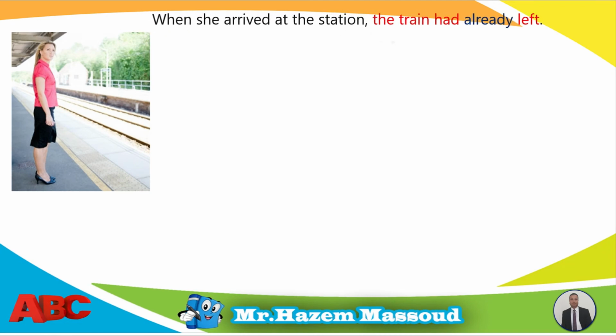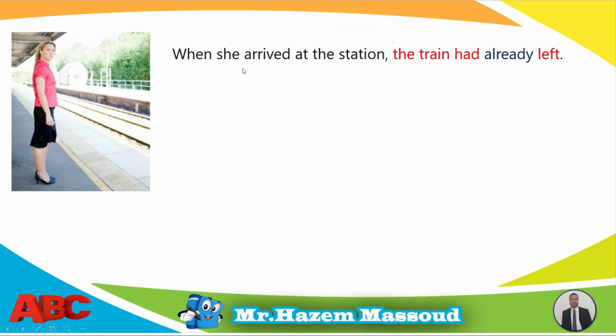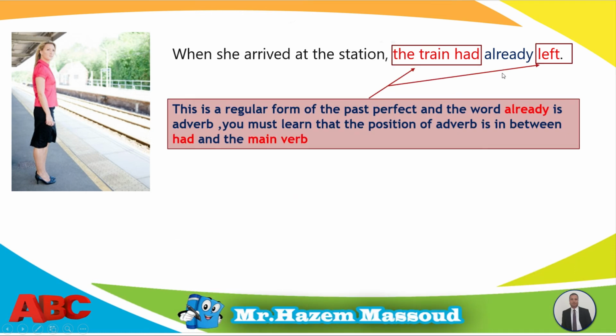Another example, when she arrived at the station, the train had already left. The train had already left. This is a regular form of the past perfect, and the word already is an adverb.